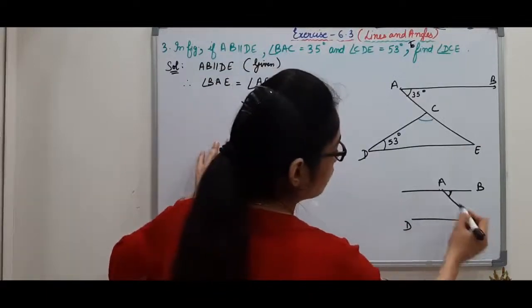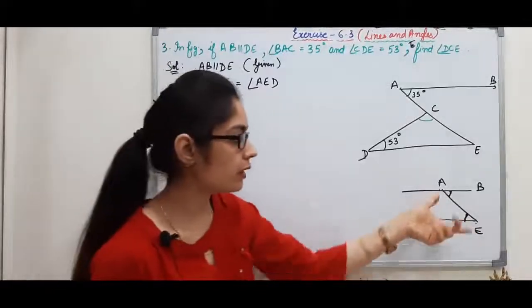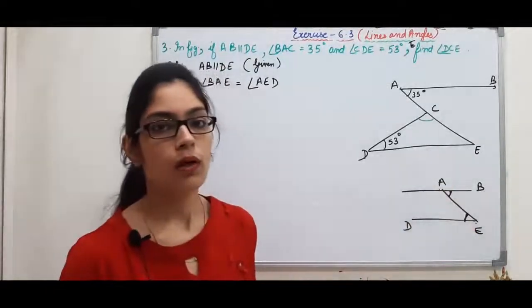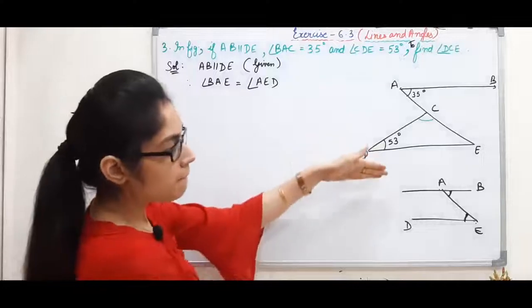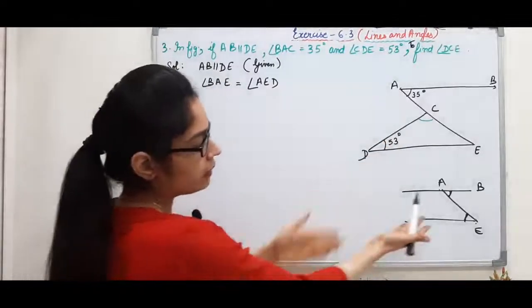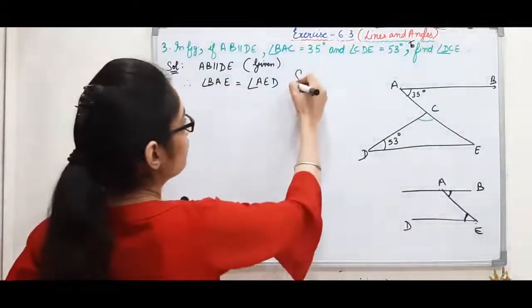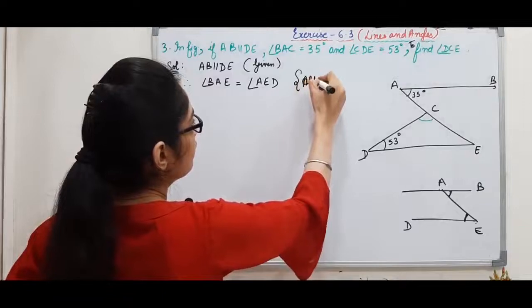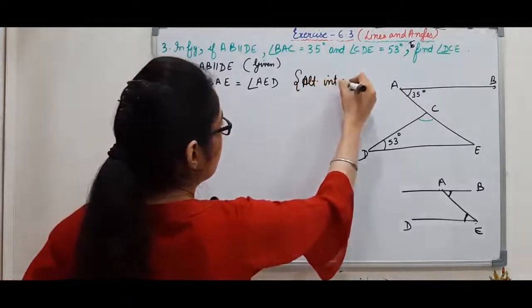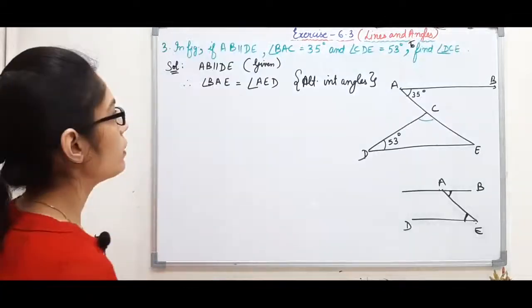These two angles. Since these two are parallel lines and AE is a transversal, so these two angles are forming a pair of alternate interior angles. See, both the angles are on the inner side of parallel lines and they are on opposite sides of transversal. So we can mention alternate interior angles, because alternate interior angles are equal to each other.